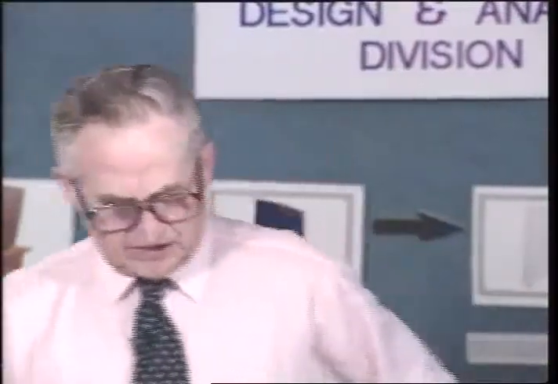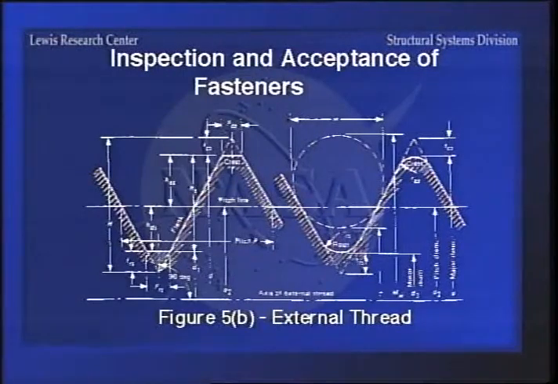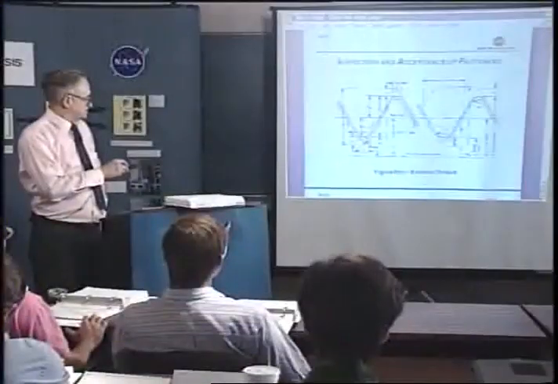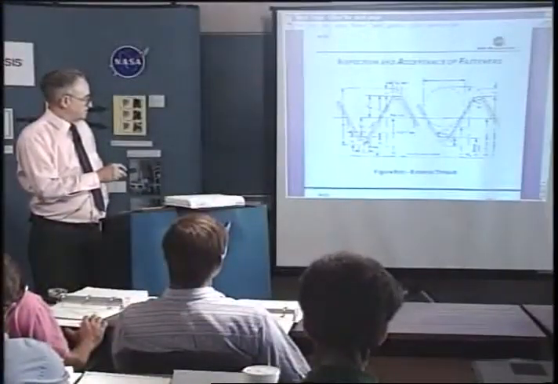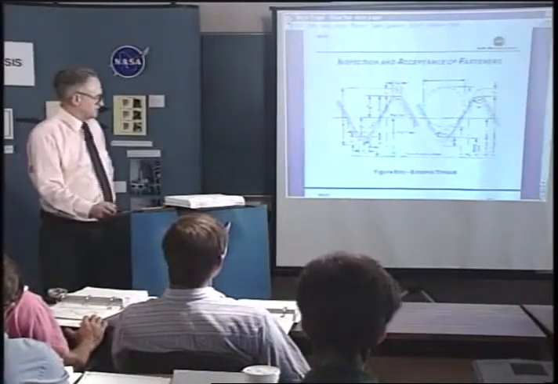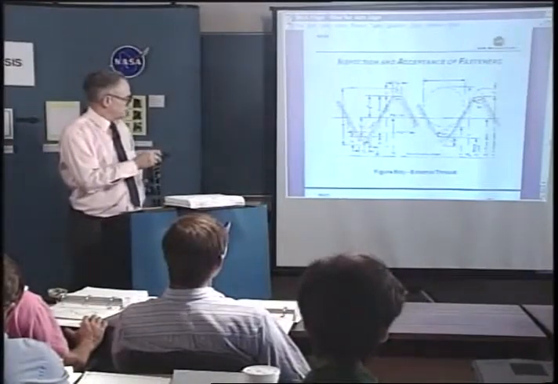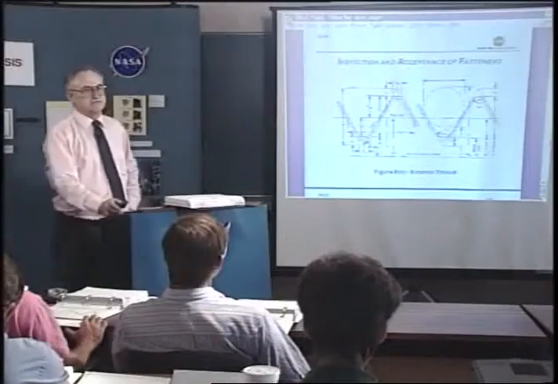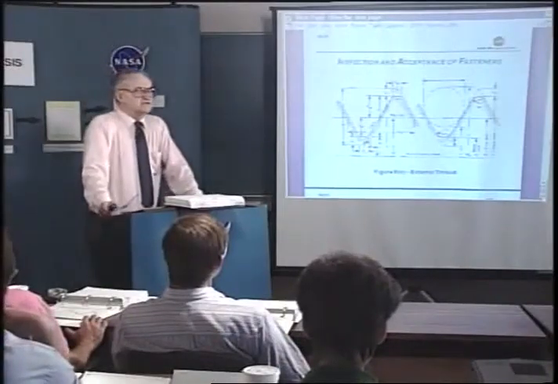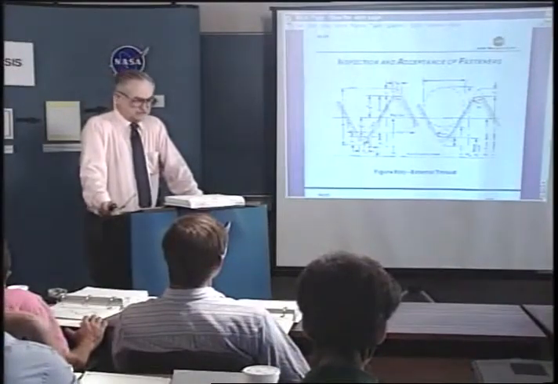And here's another one that I wanted to show you for this reason. This is kind of a close-up that shows the difference between having an unradiused thread and having a radius thread. The other thing is this circle here represents the pins that are used for measuring the pitch diameter.